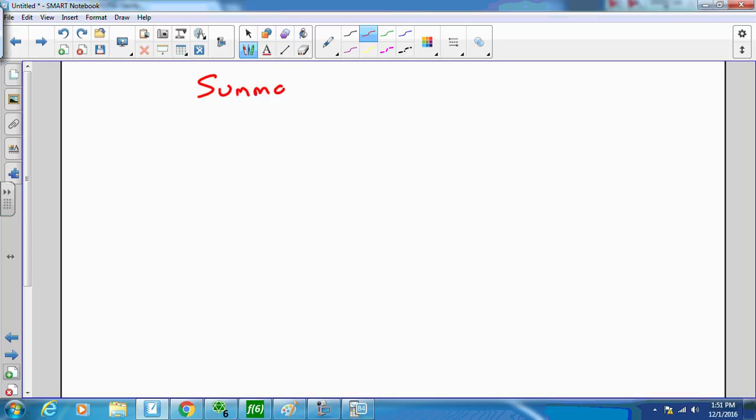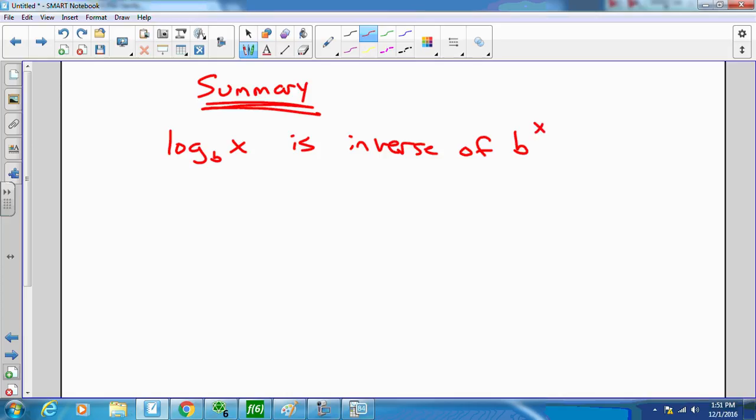So, just to summarize, and then I'll do a couple of examples here. The log base b of x is the inverse of b to the x. That's its fundamental definition.